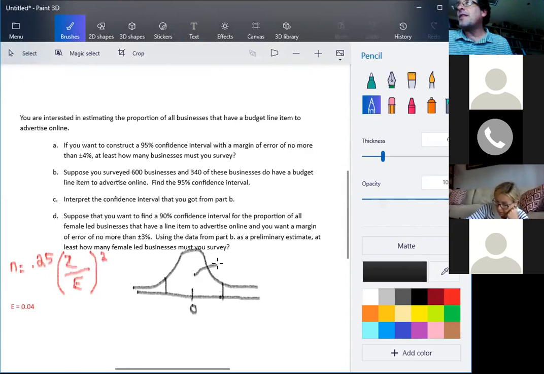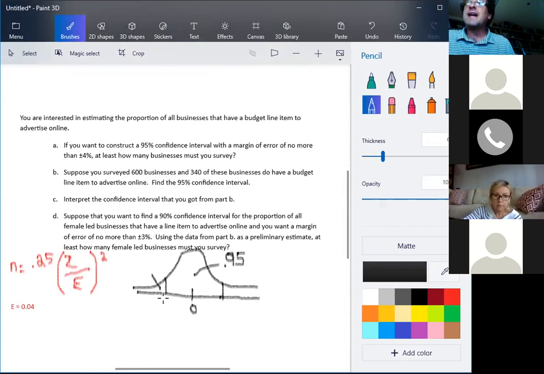So that means that that area is 0.95. Is that clear? What's this area here on the left? What's that area there? You have to do a little bit of math, but nothing too hard. Is it 0.025? Exactly, exactly.